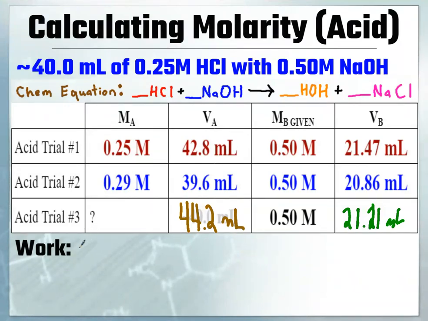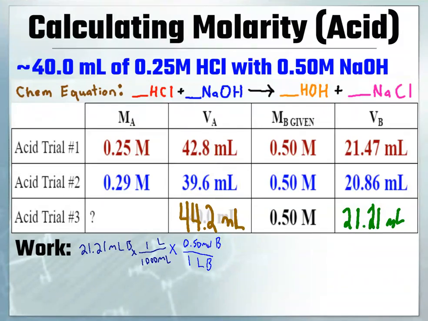So I started with 21.21 milliliters of my base. I need to change that to liters, at 1,000 milliliters per liter. Now I can use the molarity that was given to me: for every 1 liter of base, I had 0.50 moles of base.